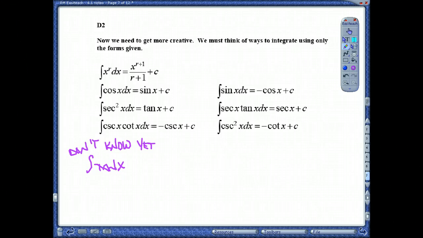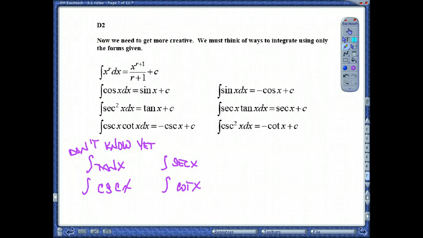Now when we took the derivative of cosecant, we got negative cosecant cotangent. So we don't know how to find the integral of cosecant. We don't know how to find the integral of secant because the derivative of secant is secant tangent. So we only know how to find the integral of secant tangent. And we also don't know cotangent.